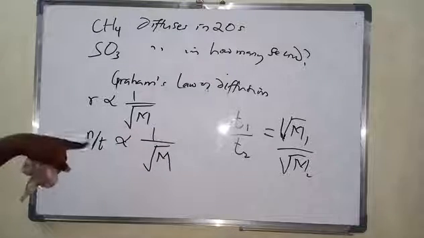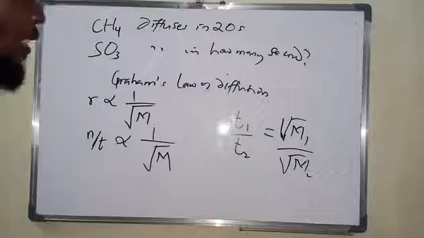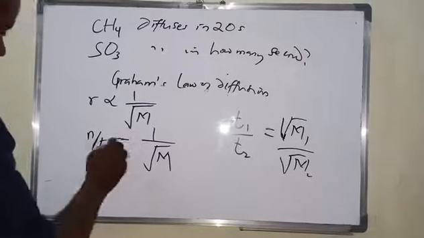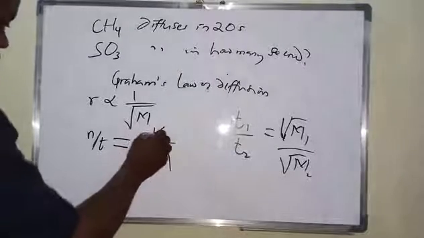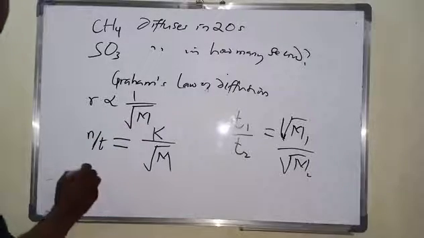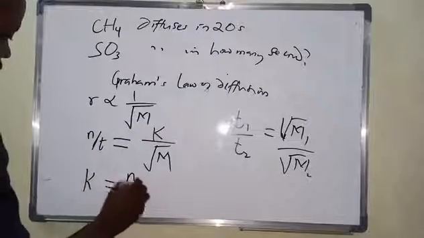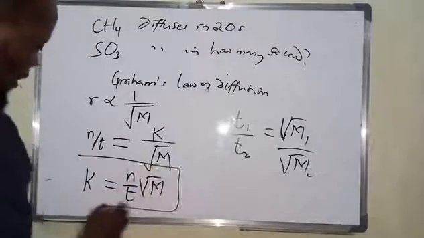But when it comes to comparing two gases, if you remove the proportionality sign and replace it with equality, then we can call this a constant, which means this constant is actually n over t root M. So we can have this as a constant.